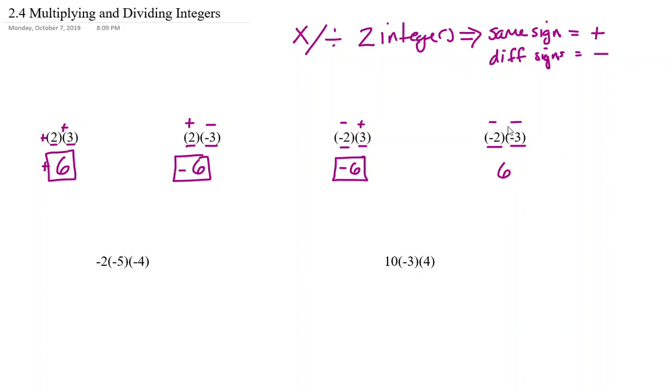The two negatives are the same signs, so the answer is positive. So positive 2 times positive 3 is 6, and negative 2 times negative 3 is also 6. And that's a little bit weird. And that leads us to our next rule, which is not about whether the signs are the same or different. That's the rule for two integers.